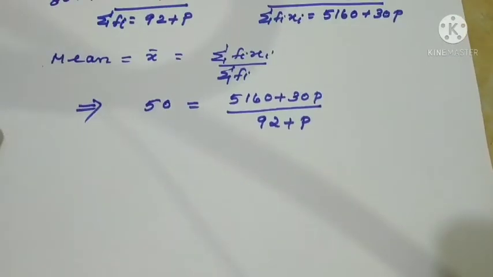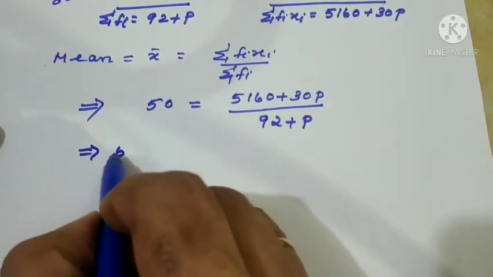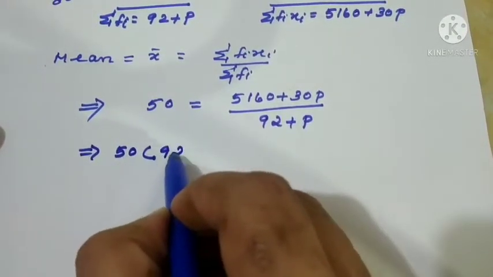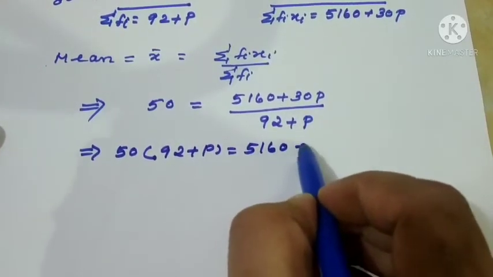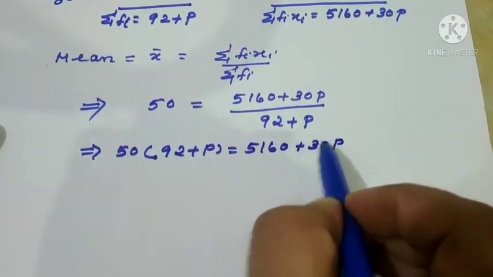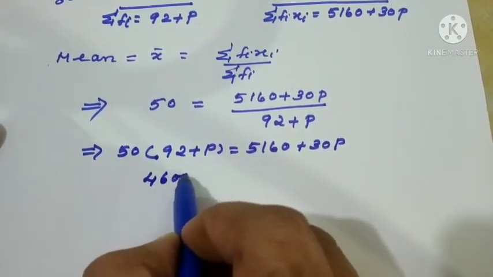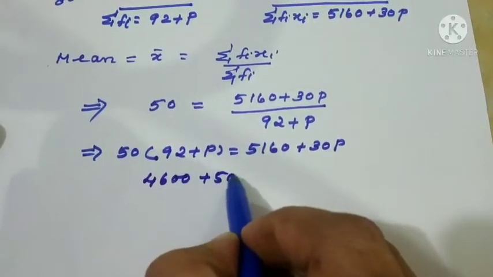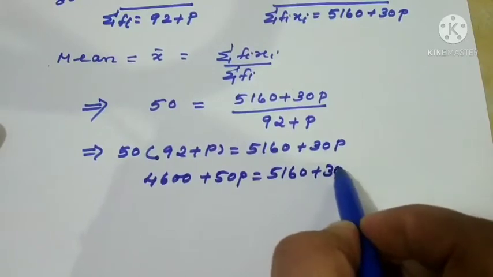Cross multiply. 50 into (92 plus p) equal to 5160 plus 30p. So 50 into 92, that is 4600 plus 50p equal to 5160 plus 30p.